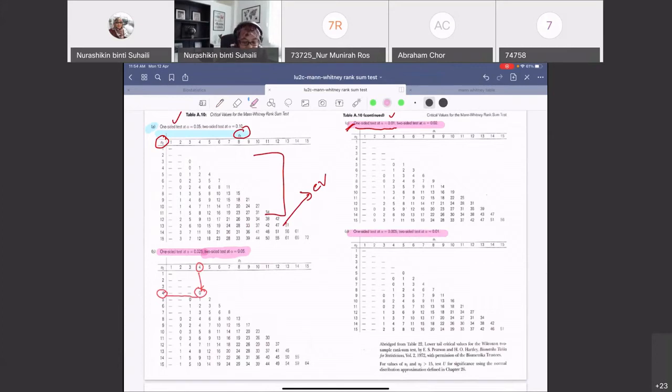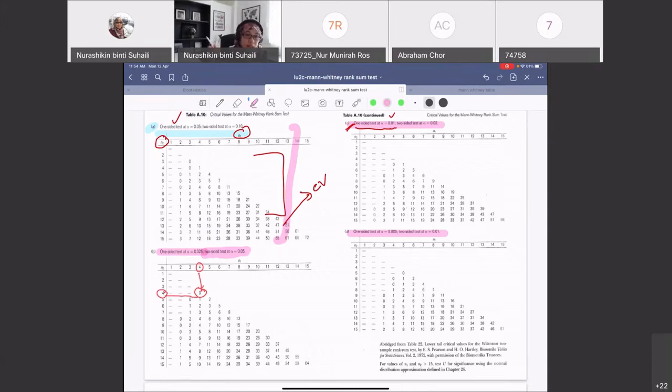For example, in the first table here, A, this table is used for one-sided tests when alpha equals 0.05, or for two-sided tests when alpha equals 0.1. So that is the case for this table. But our problem just now, we have a two-sided test, right?